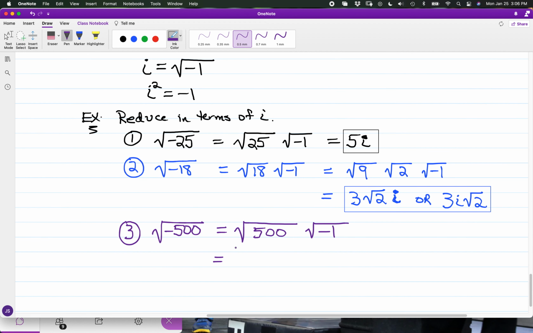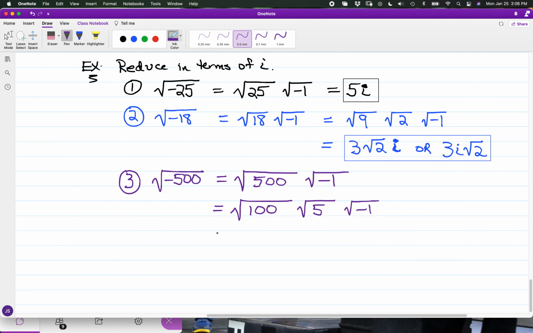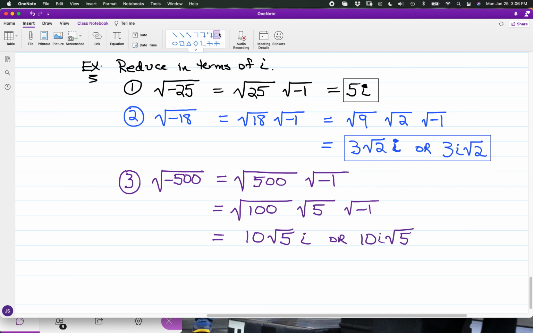Now 500 is not a perfect square value, but it can be reduced because the highest perfect square that will go into 500 is 100. The square root of 100 is 10, then we have times the square root of 5, and times the square root of -1, which is i. So we have 10i times the square root of 5 as the possible display for the reduced result.